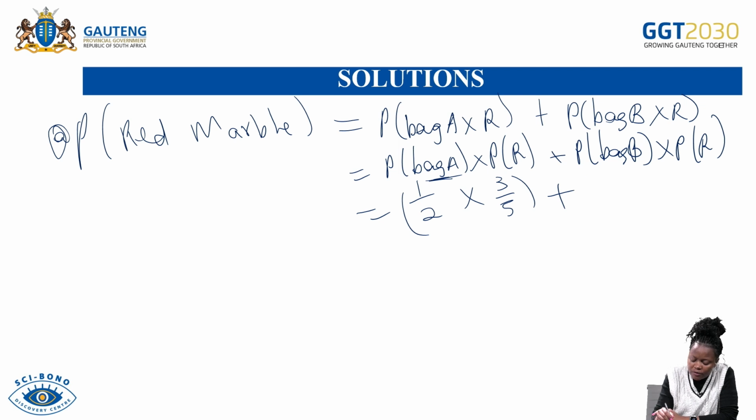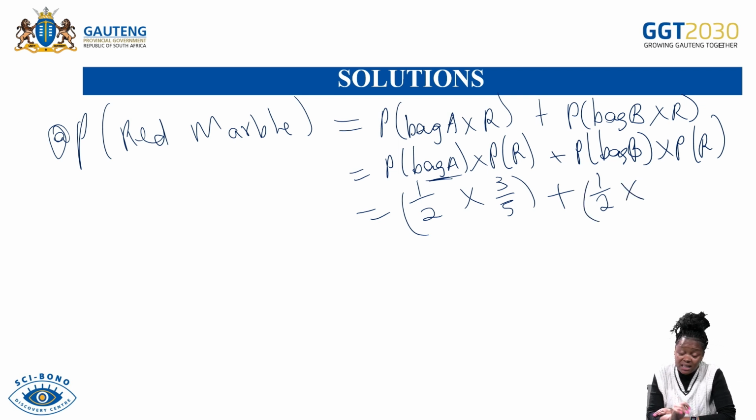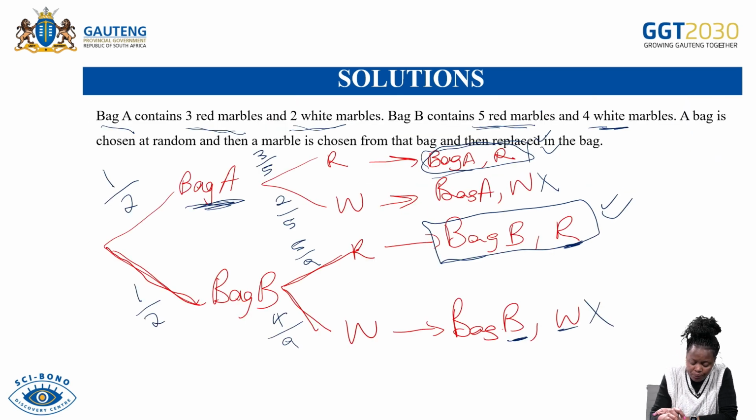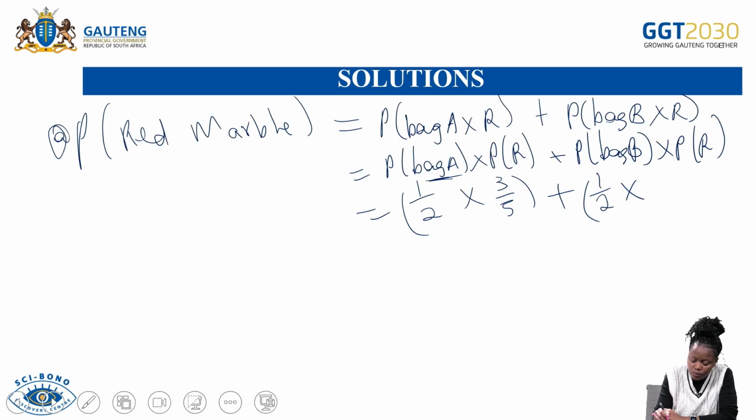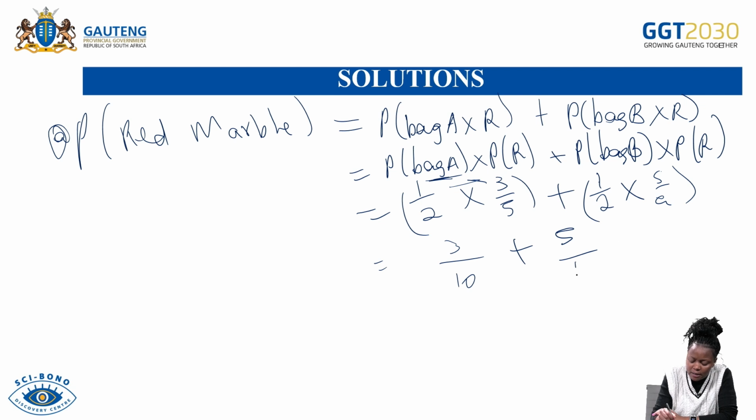the probability of getting bag B, which is 1 out of 2, times the probability of getting a red marble in which bag? In the second bag. It is going to be 5 all over 9. Then you'll have 1 times 3, which is 3, all over 2 times 5, which is 10, plus 1 times 5, which is 5, all over 2 times 9, which gives you 18.